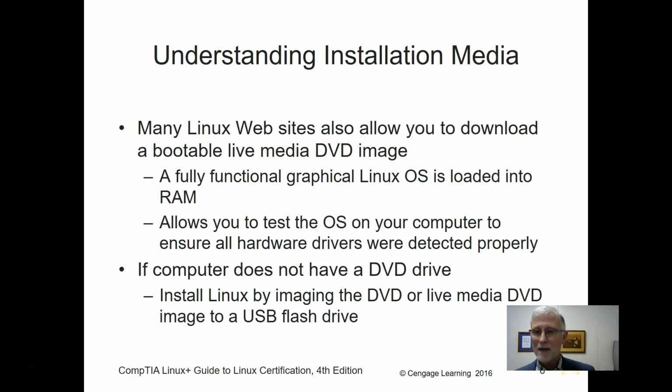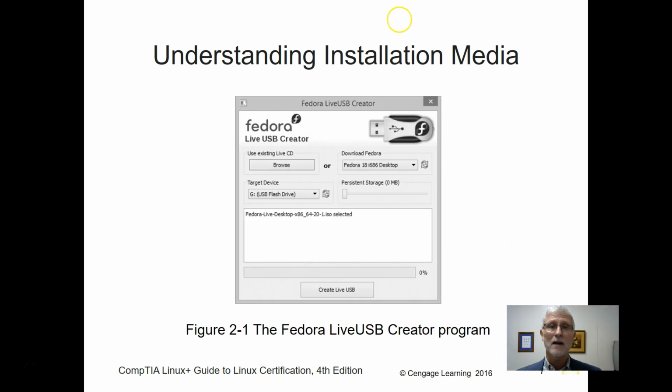Many websites will allow you to download a bootable live image, so you just got to be careful which one you're going to download. If you don't have a DVD drive, you want to make sure that you have a live media DVD image to put on a USB flash drive, because you can install Linux on a flash drive.